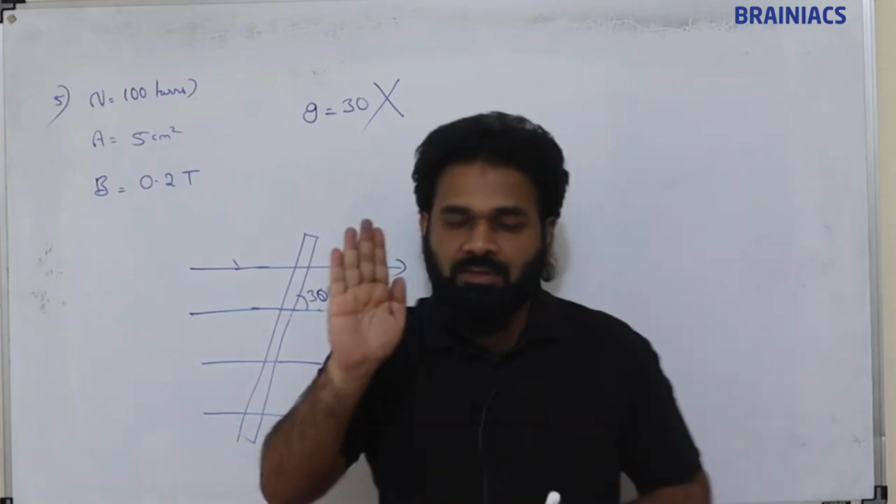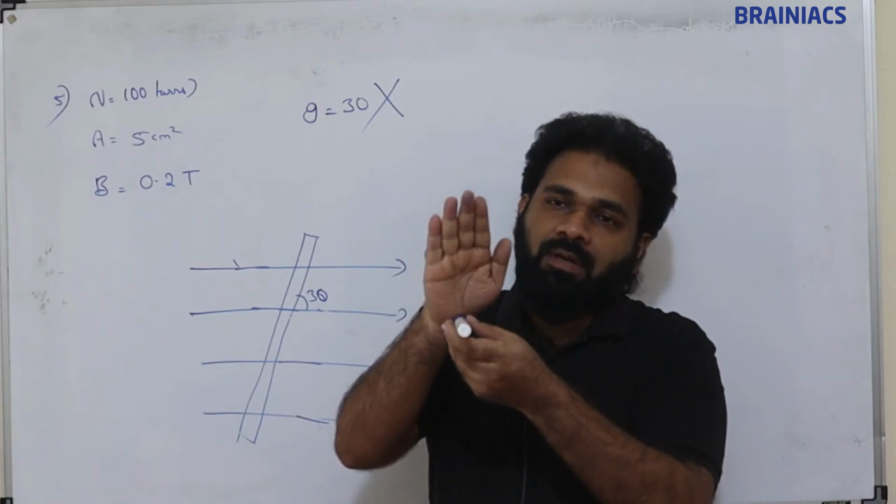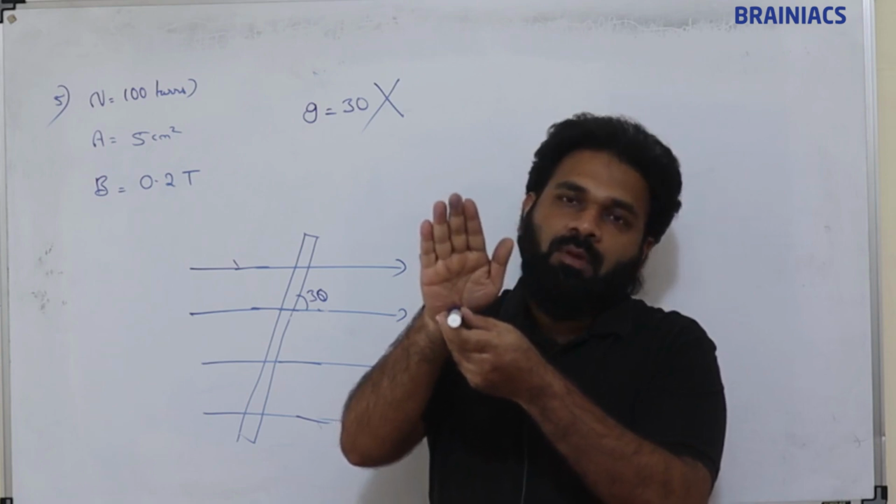So suppose this is the loop and this is the magnetic field, then the loop kept at an angle 30 degree means this is how.